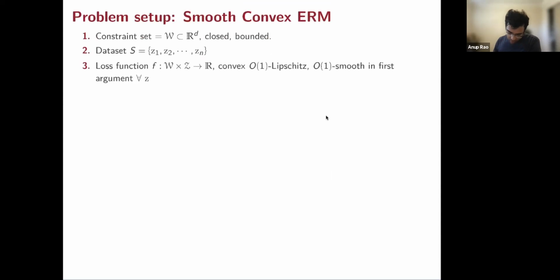And we have a loss function, which is f, a function of 2 variables. And if we fix the second variable to be some z, which will be one of the data points here, then the function, which is now a function of just one variable, is a convex Lipschitz smooth function.